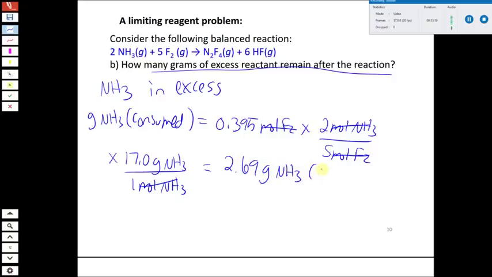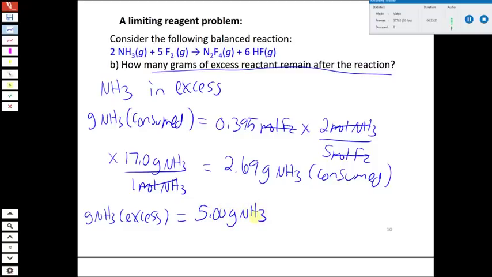And remember, that's the amount of NH3 that was consumed in the reaction. That number directly is not the amount that's left over. That's the amount that actually reacted. And then to find the excess NH3, we just subtract from the original amount. So we were told at the beginning of this problem that we were putting in 5 grams of ammonia. We determined that this was the excess reactant, so that's more than we needed.